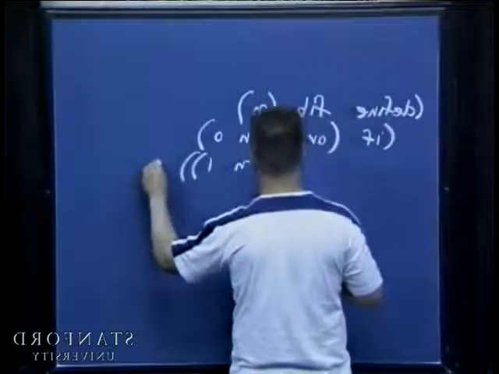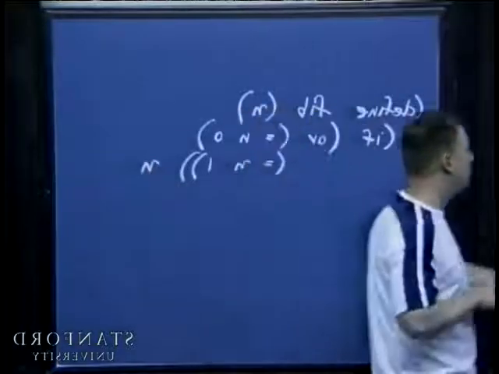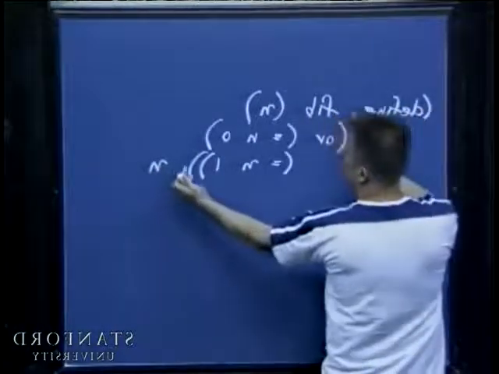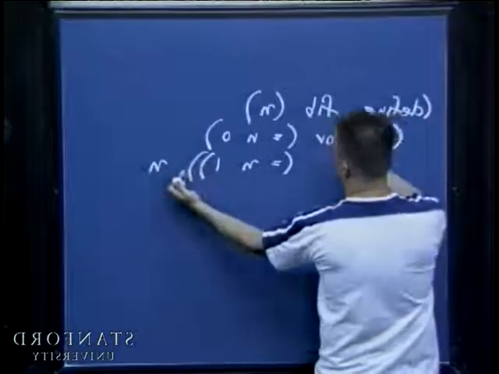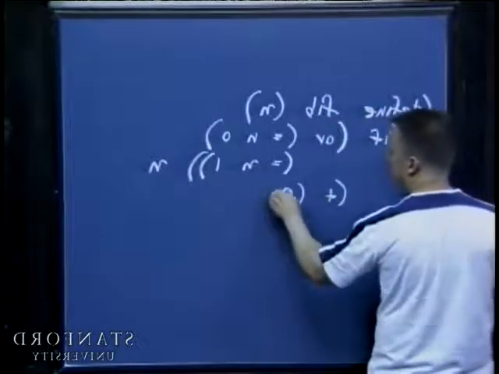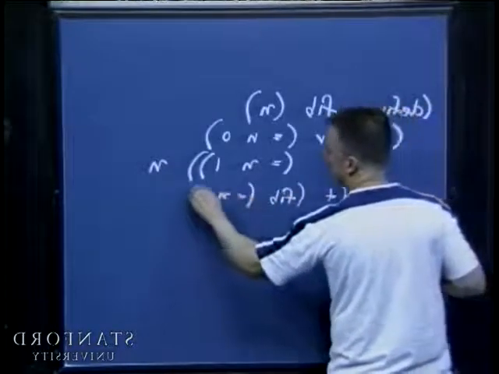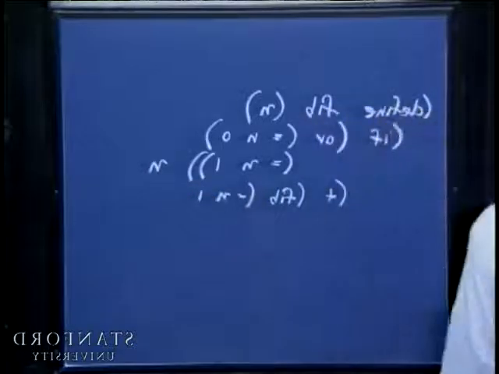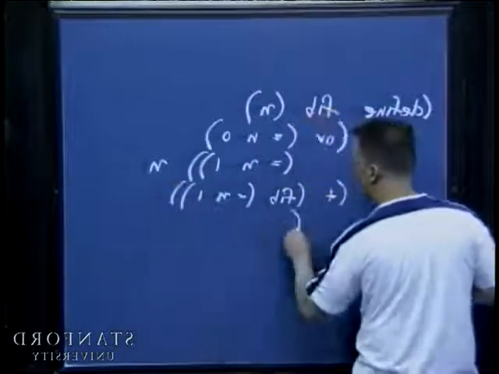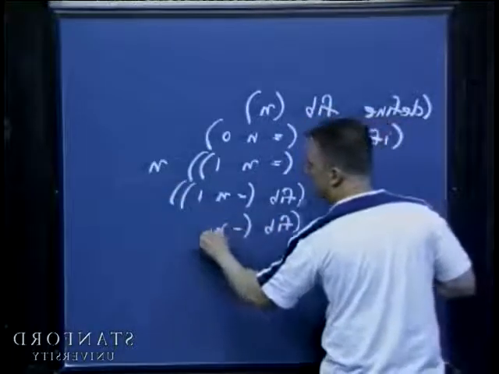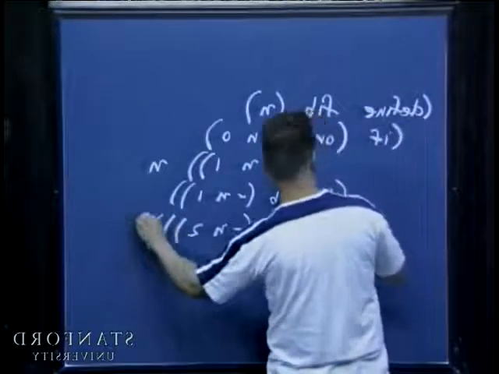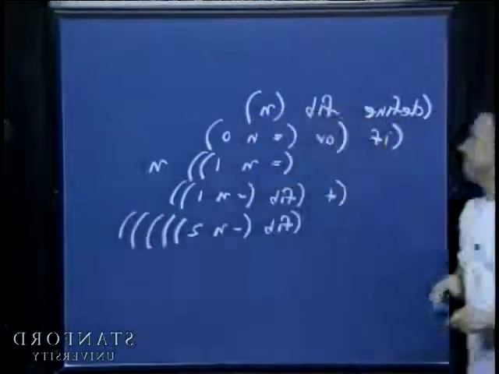Then I would just return n. And actually, yeah, that's right, 0 and 1. This right there is what gets evaluated as an expression if this right here passes. Otherwise, I'd want to return fib of n minus 1, or I'm sorry, this is not minus. These are, no, that's right. n minus 1 and fib of n minus 2. That ends the plus, that ends the if, and that ends the define.